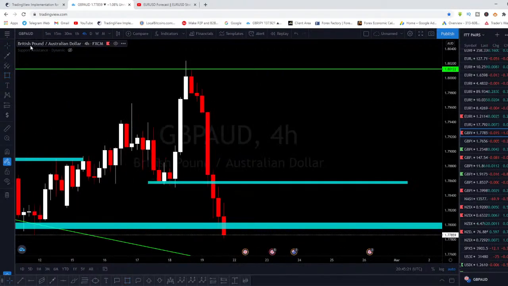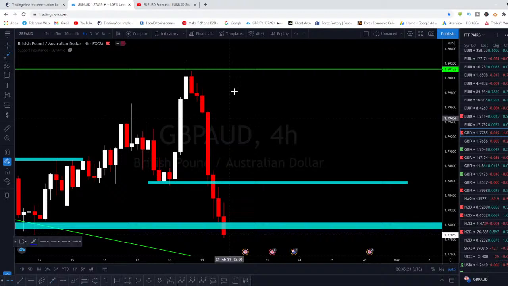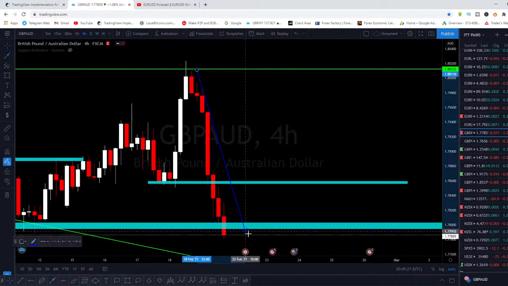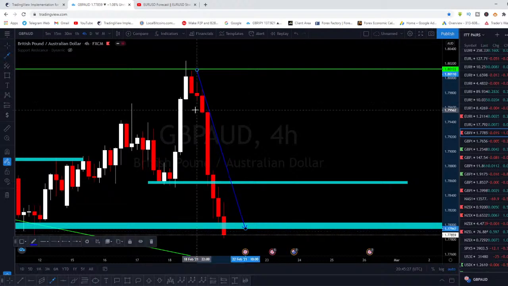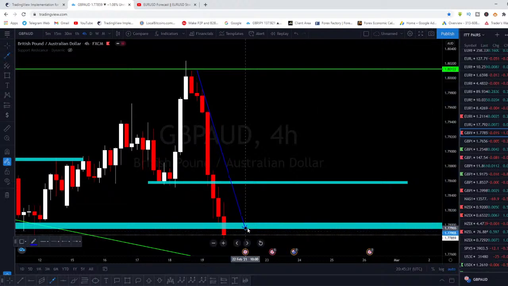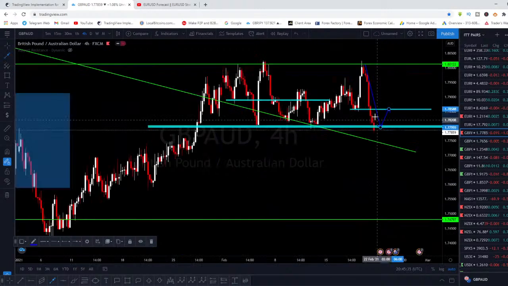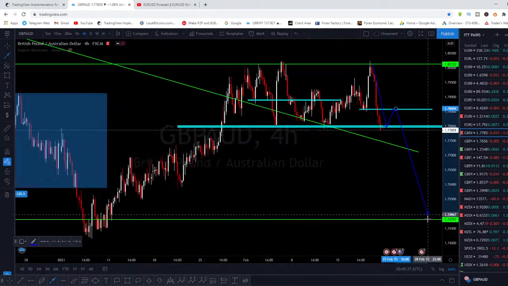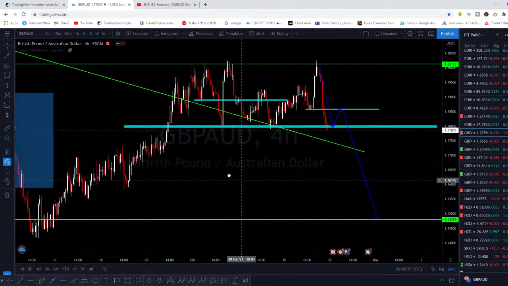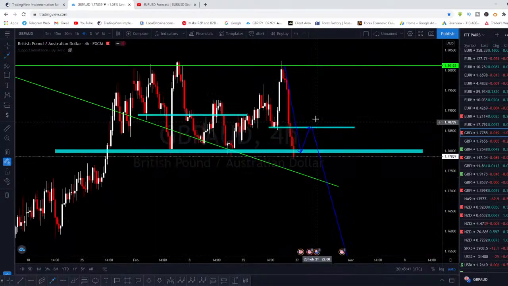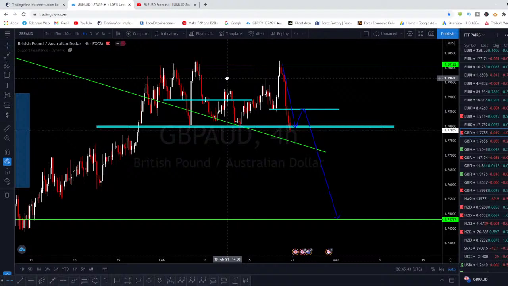Then what I will expect is, where's my arrow? I will expect the market to push like this, the move which the market has done. Then I'll wait for a retracement to this point. After I see a retracement to that point, boom, it will push to the downside. So yeah, that's what I'm expecting this GBP/AUD to do.